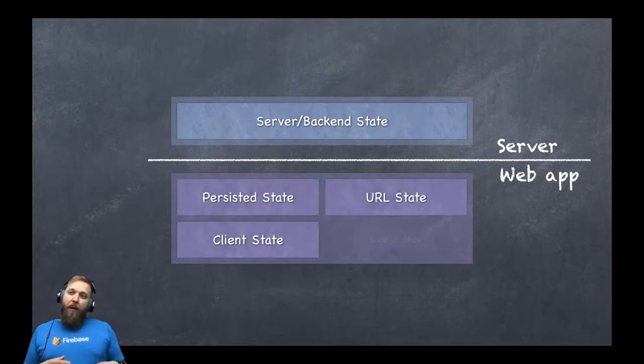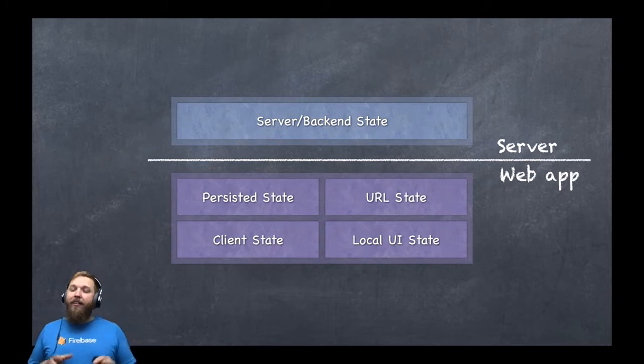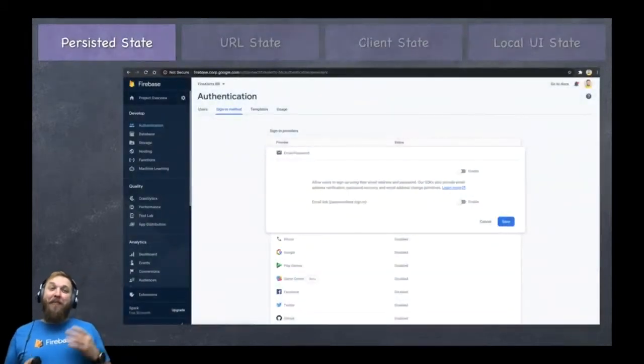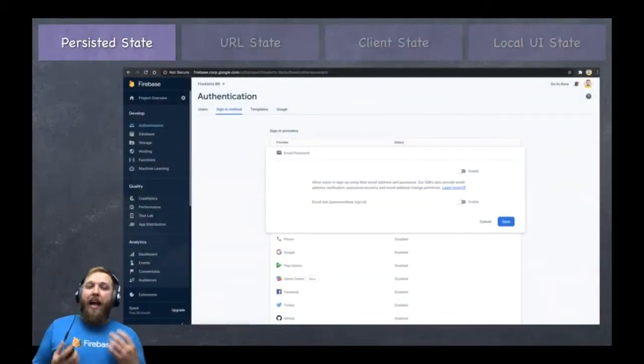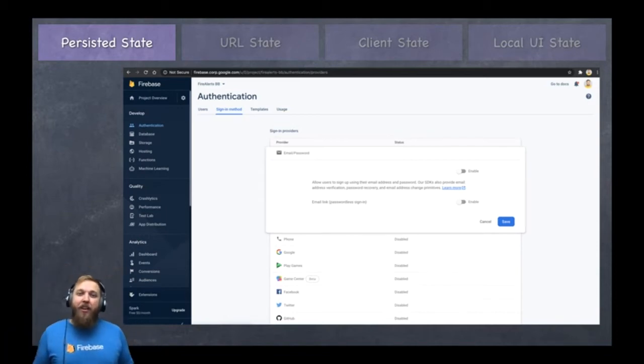And we have multiple states there, such as persistent state, URL state, client state, and local UI state, and there are some others, but these are the main ones that we'll take a look at today. Okay, so let's take a look at them and understand what those are. This is important because when you're trying to organize your state flows, see how things are transitioning from one to another, and where the state lives in your application, you really want to put them in at least these 4 different categories.